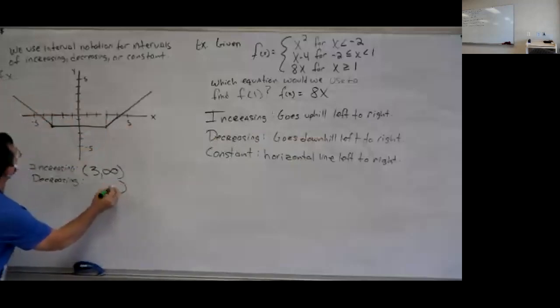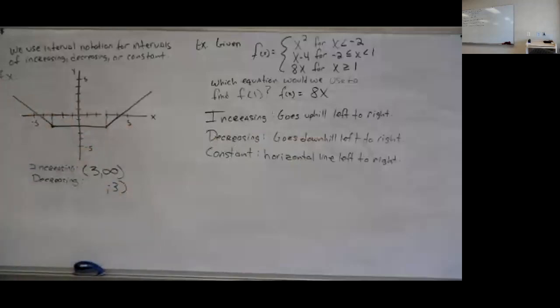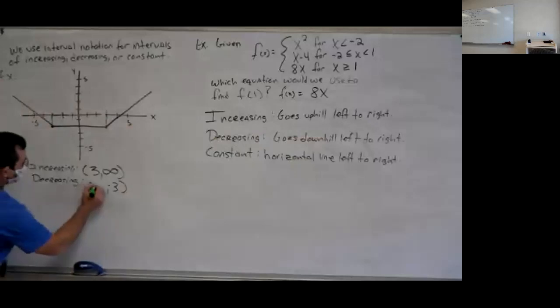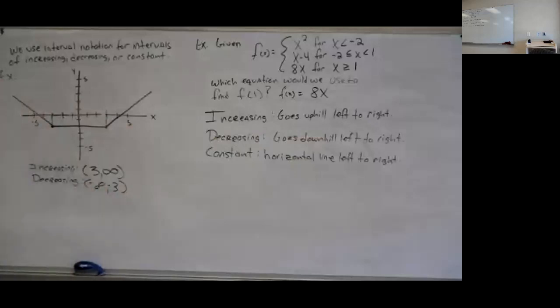Where it stops is going to be -3. So where's my graph starting from? Way out here. As it comes in, it's decreasing until it hits -3. So we say this graph is coming in from negative infinity.